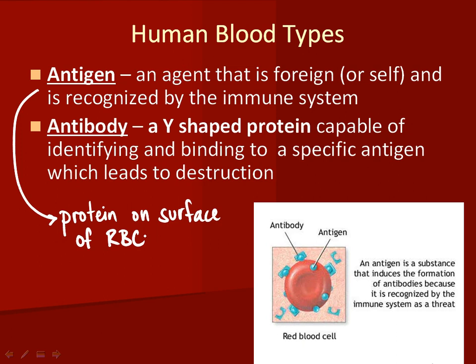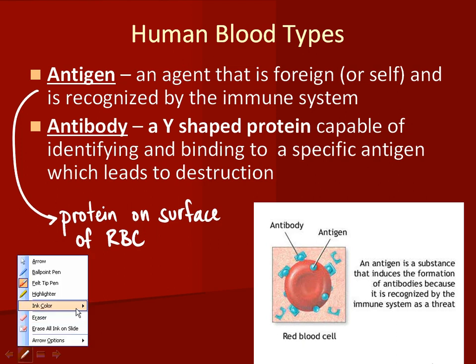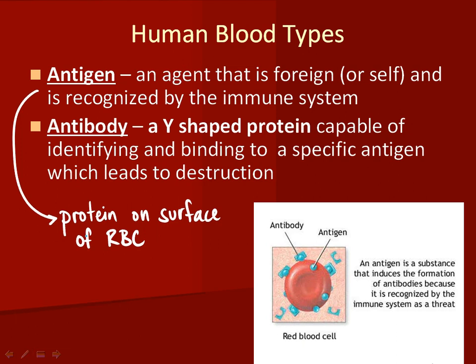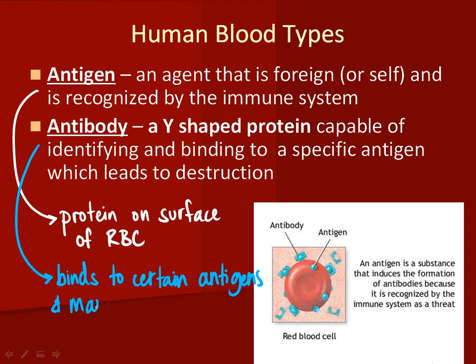Antibodies are little proteins that will bind to specific antigens and mark those cells for destruction. So an antibody binds to certain antigens, and it marks that cell for destruction.